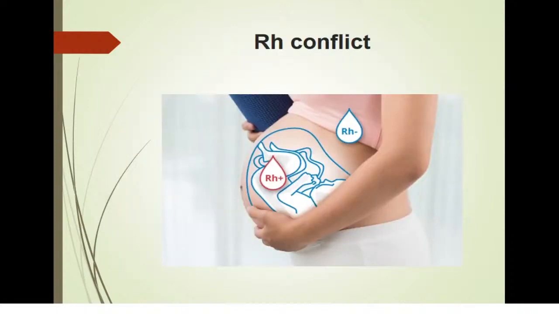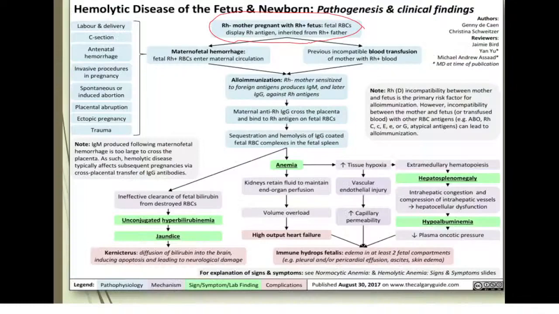Rhesus conflict. Pathogenesis. Rhesus conflict occurs when the mother is rhesus negative and the child is rhesus positive. Anti-rhesus antibodies are synthesized by the mother.